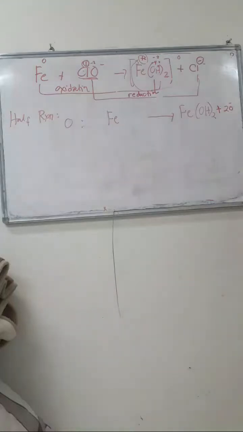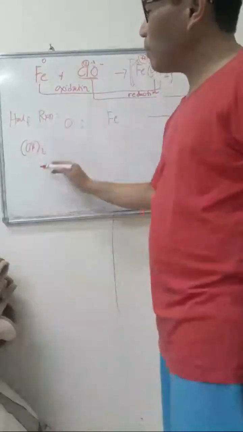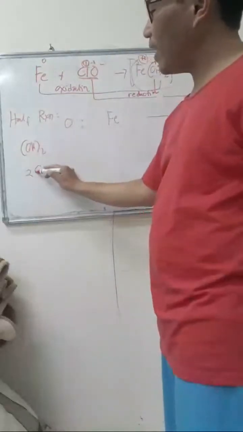Now, you have OH here. So what will we do in the reactant? It's very clear in chemistry. If you put something like OH2, for example, it will become twice OH.